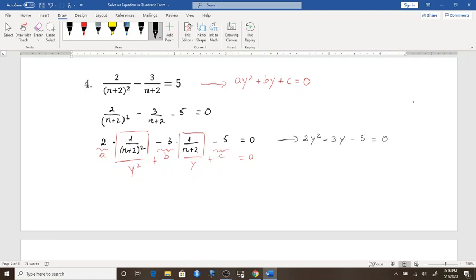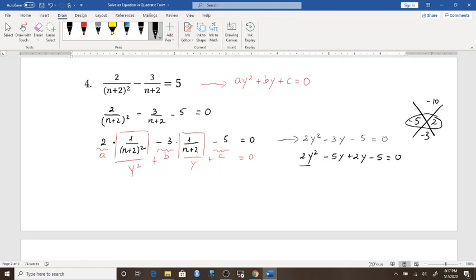Alright, so let's solve this equation. We need to find two numbers whose product is -10, whose sum is -3, and these two numbers must be -5 and +2. We cannot use the shortcut because the value of a is 2, so it's different than 1, so we should rewrite this as 2y squared, and then instead of writing -3y, we're going to rewrite this as -5y plus 2y, and then -5 equal to 0.